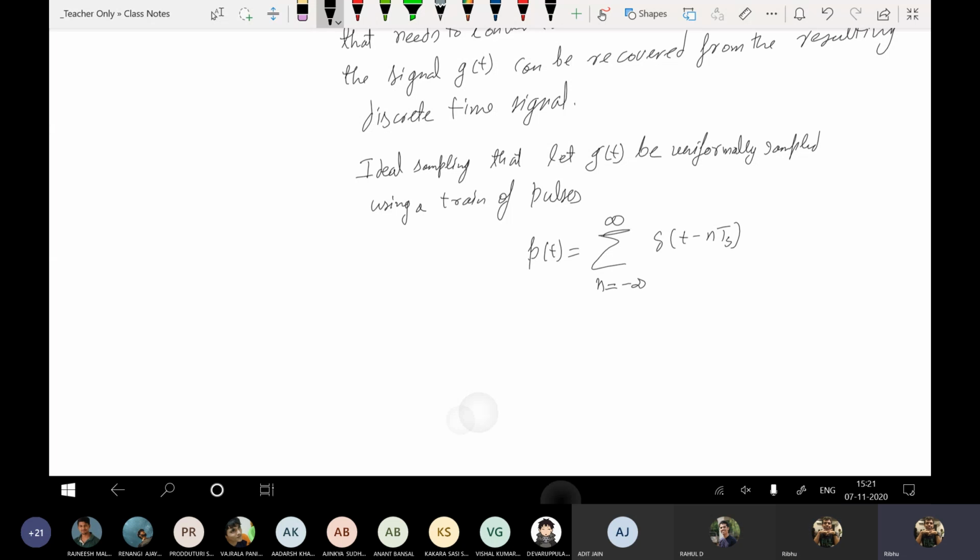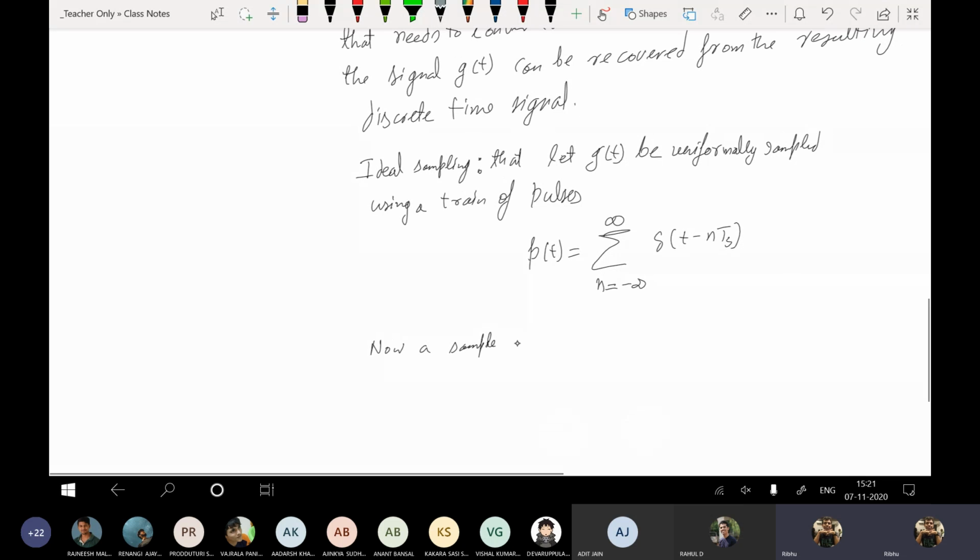Now the sample sequence of g(t) is given as g delta(t), or a sample. Let's not talk about the sample sequence right now.